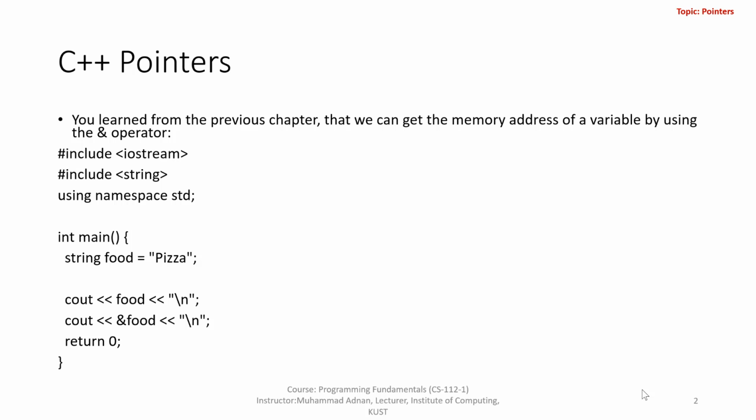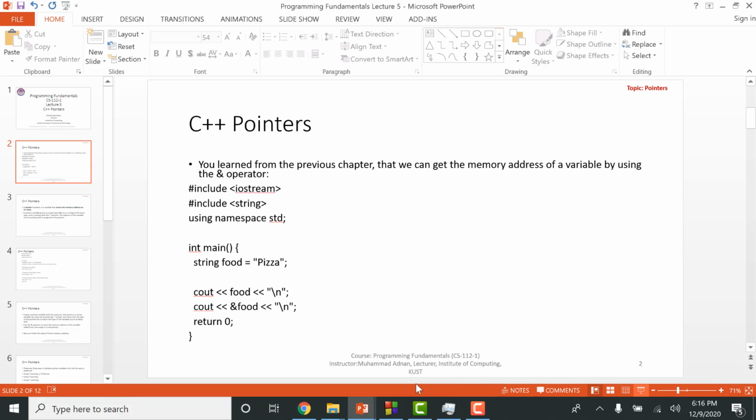And if you display food with the ampersand sign, you will get the memory address of the food variable. So we noted that a variable also has an address, and we can display that address on the screen. Let me run this program.